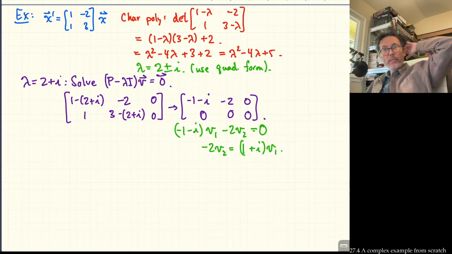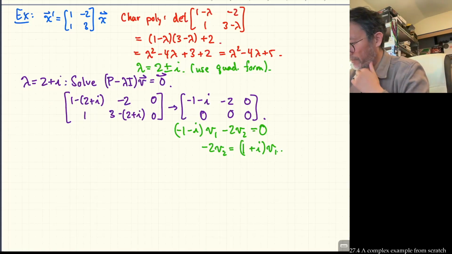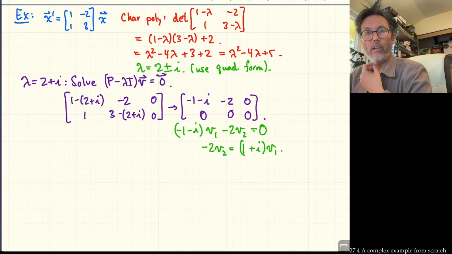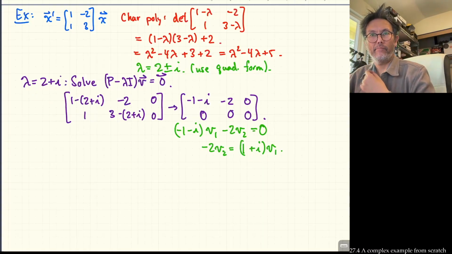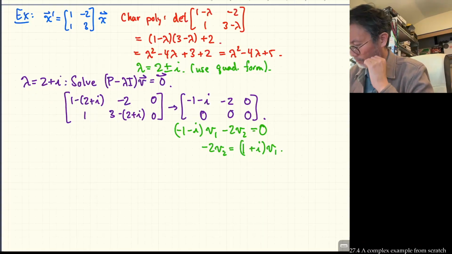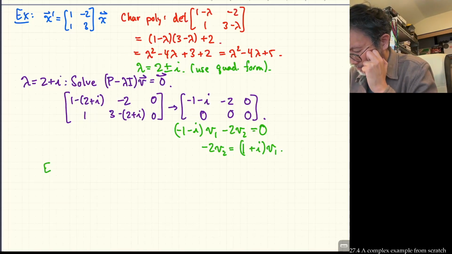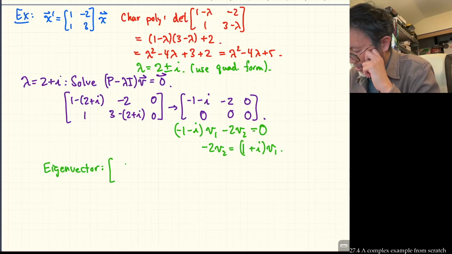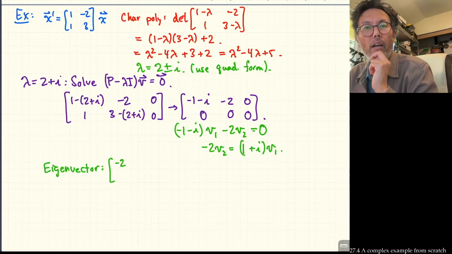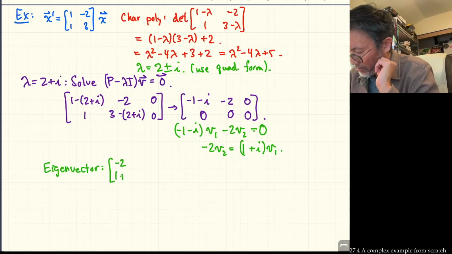So what that tells me is if I let v1 be negative 2, then v2 is 1 plus i. Does that make sense? So an eigenvector is going to be v1 equals negative 2, and then v2 will be 1 plus i.